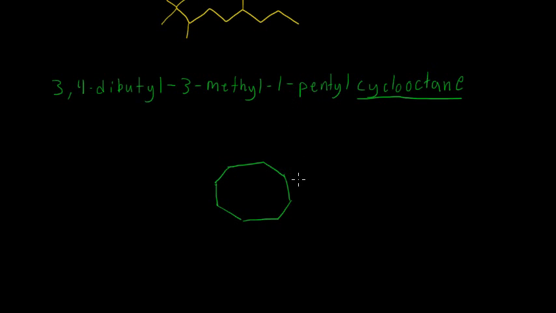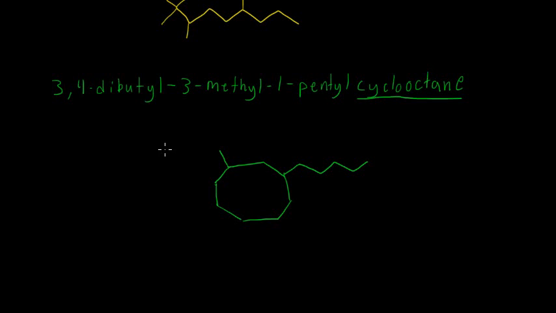So we can make this one the first carbon. So we have a 1-pentyl. Pent is 5. So we have 1, 2, 3, 4, 5. And then we have 3-methyl. So we can go 1, 2, 3 and make this the third carbon. If you went this way, it would still be right, being 1, 2, 3, making this the third carbon. And then we have 3,4-dibutyl.